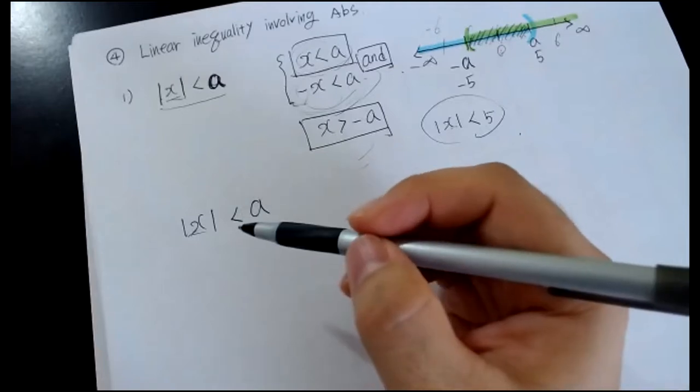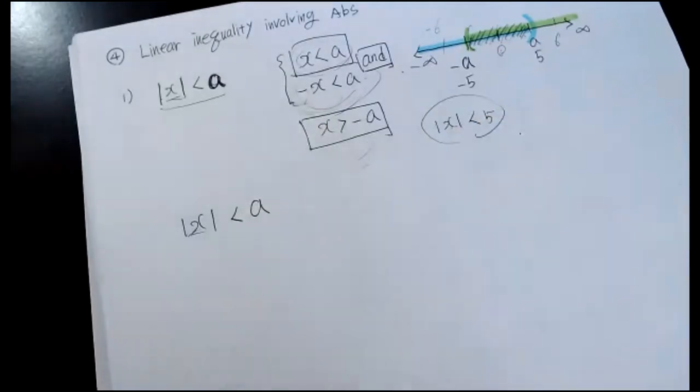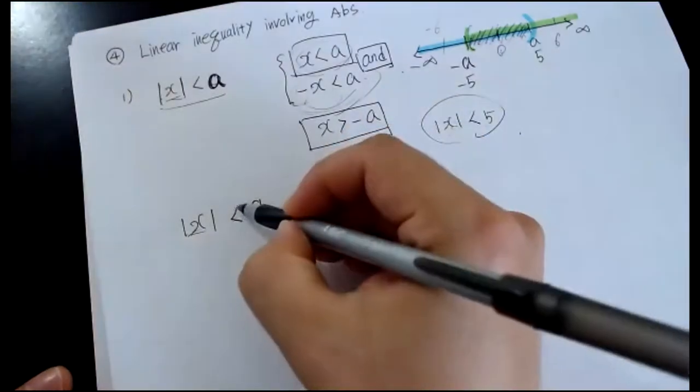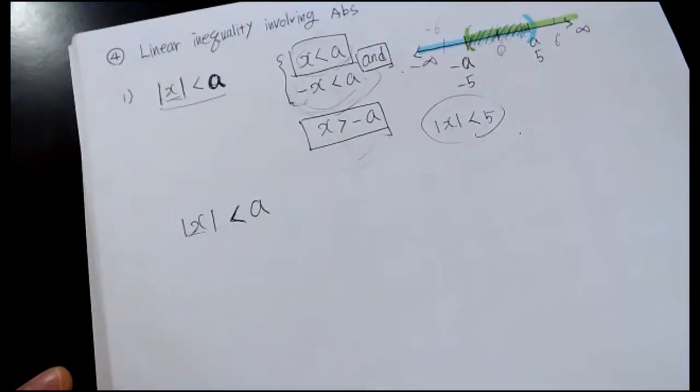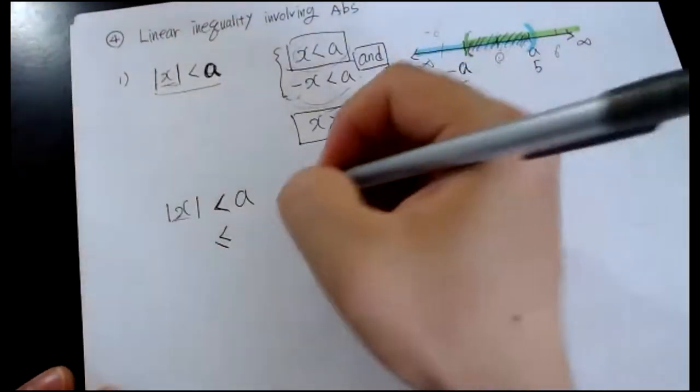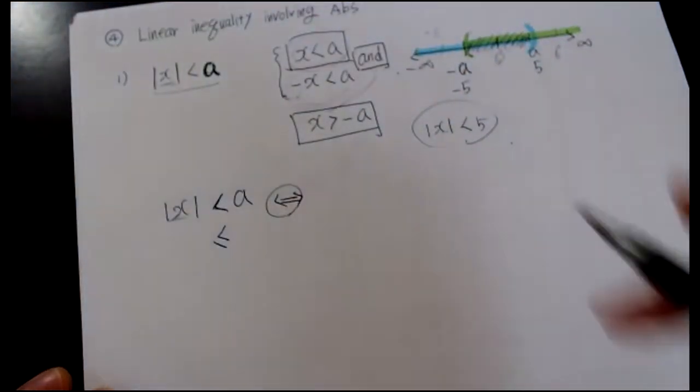So when you solve a linear inequality involving absolute value, the very first step is to isolate the absolute value on the left hand side. Then you got the inequality less than or equals either one. Then that is equivalent to what?